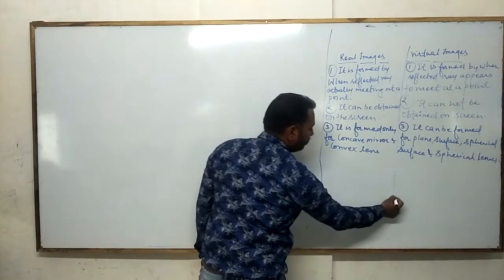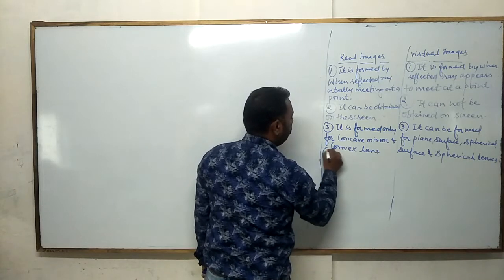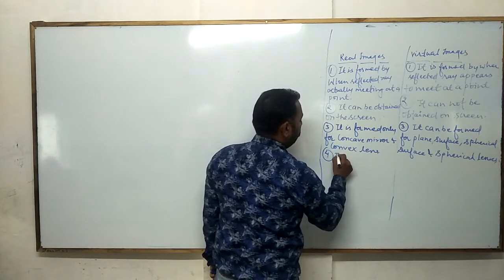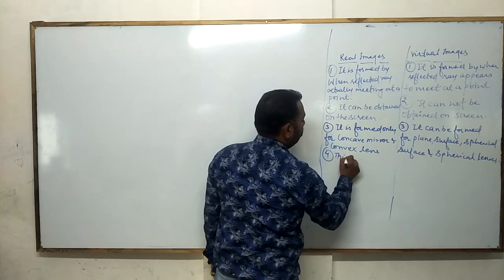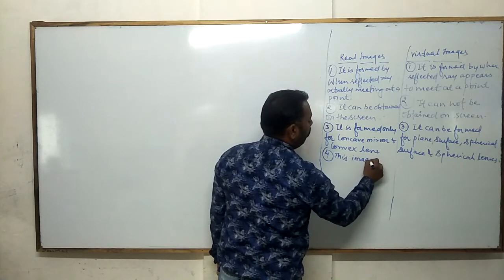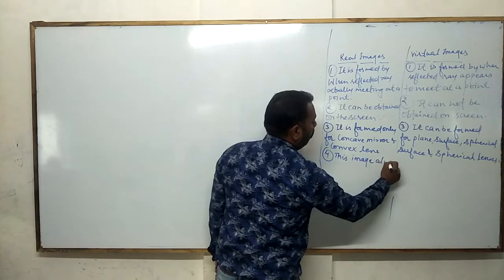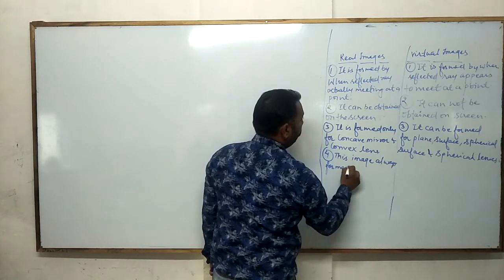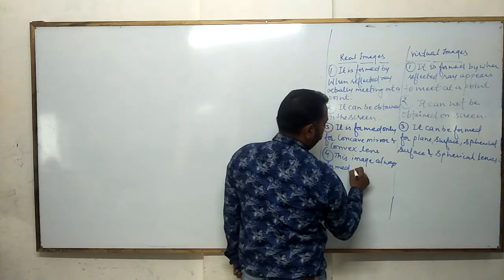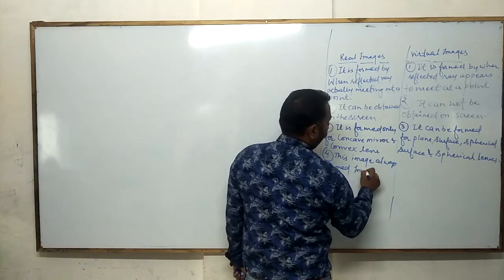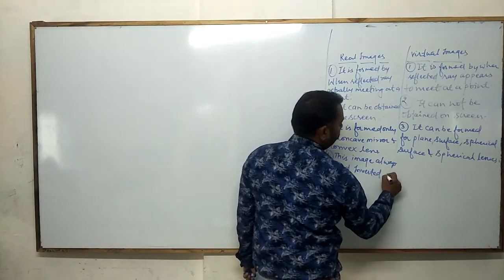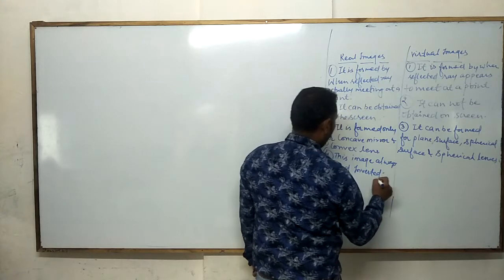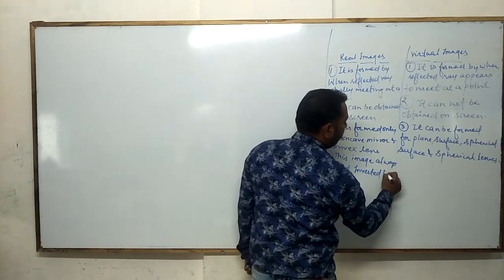Then the fourth one: a real image always forms an inverted image. This image always forms the inverted image.